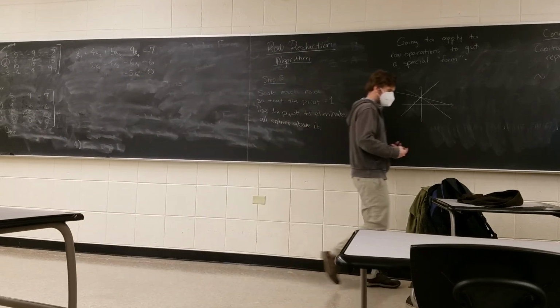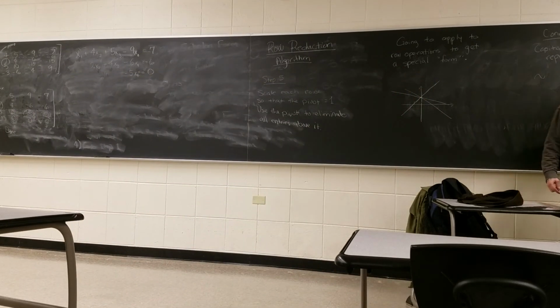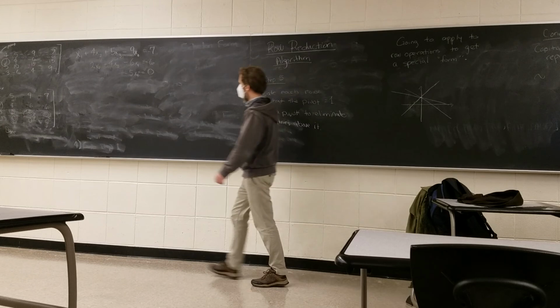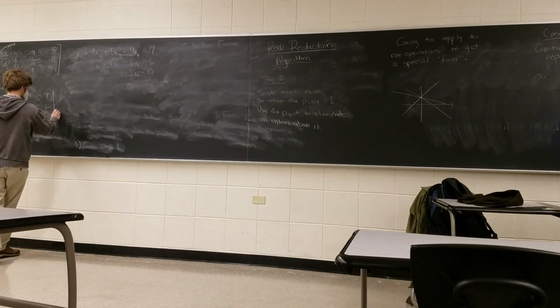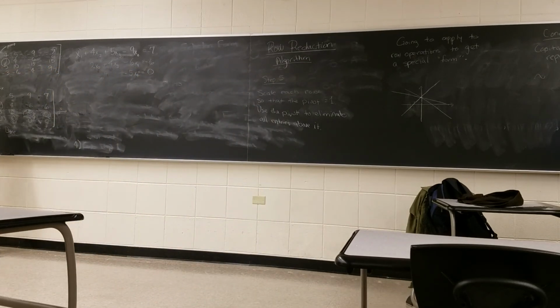So I'm going to turn each pivot into 1, and then I'm going to eliminate everything above it. So this row operation is called scaling. And we'll go over to the right here and continue on. So the scaling I'm going to do is I'm going to divide this by -5.